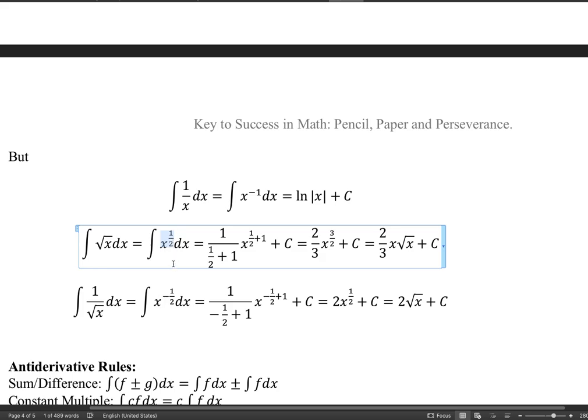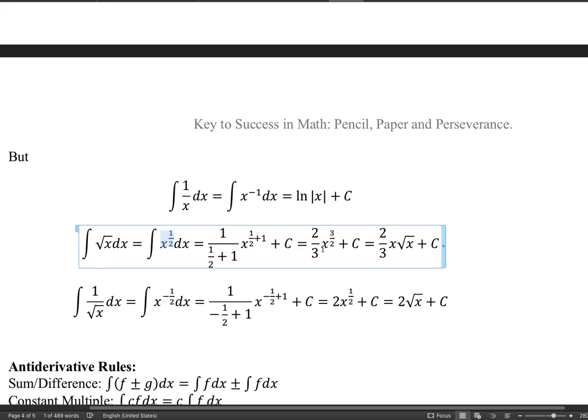The power r is 1/2. Then using the same anti-differentiation power rule, increase this 1/2 by 1, get the reciprocal to the front. 1/2 plus 1, that's 3/2. The reciprocal, that's 2/3. So the antiderivative really is 2/3 times x to the 3 over 2.